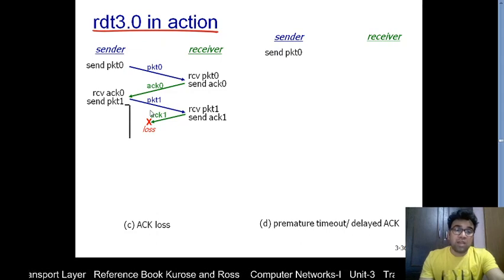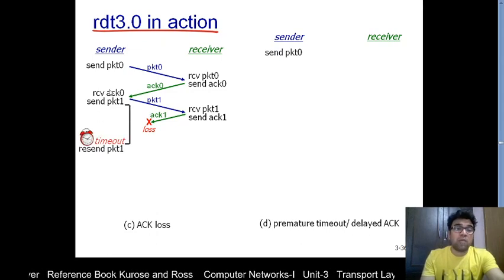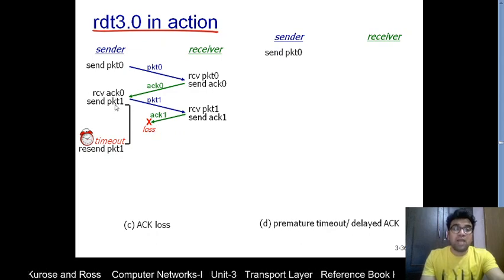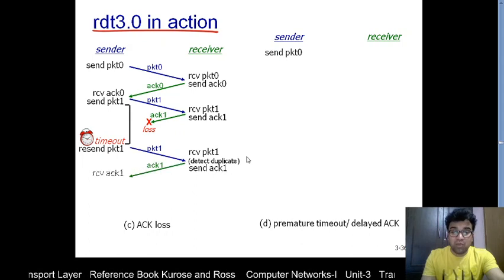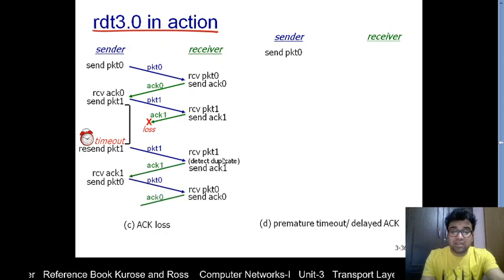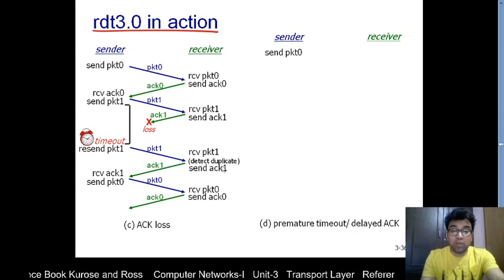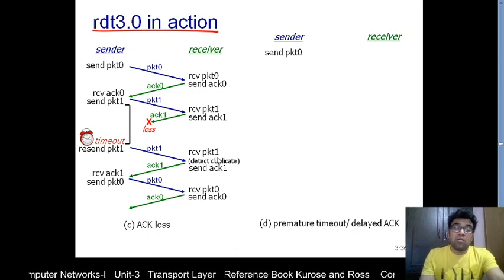So what happens in that case? What will happen at the sending side when it does not receive the acknowledgement? It will assume that its packet is not received by the receiver, and once the timer is out, it will retransmit the packet again. But here you can see the receiver detects this packet as a duplicate only because of the sequence number. The packet sequence number is 1, but it is expecting sequence number 0.